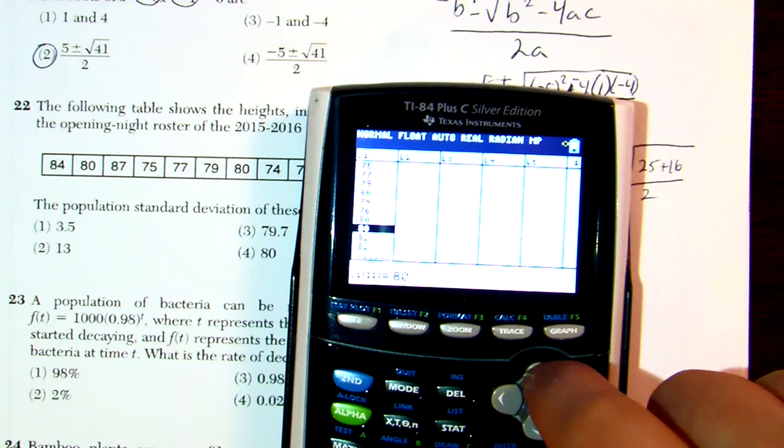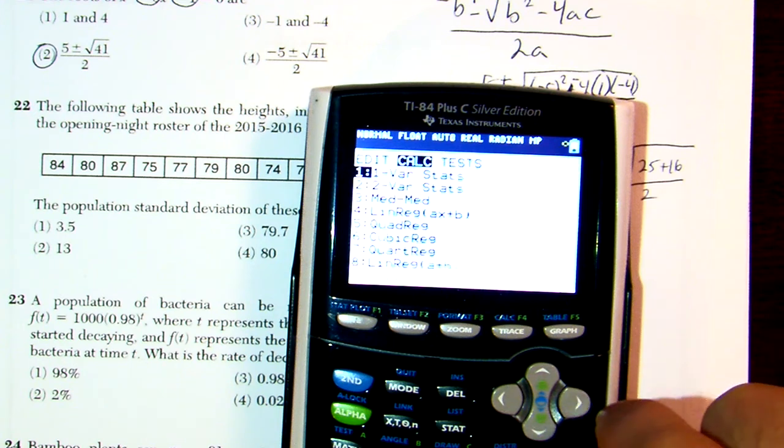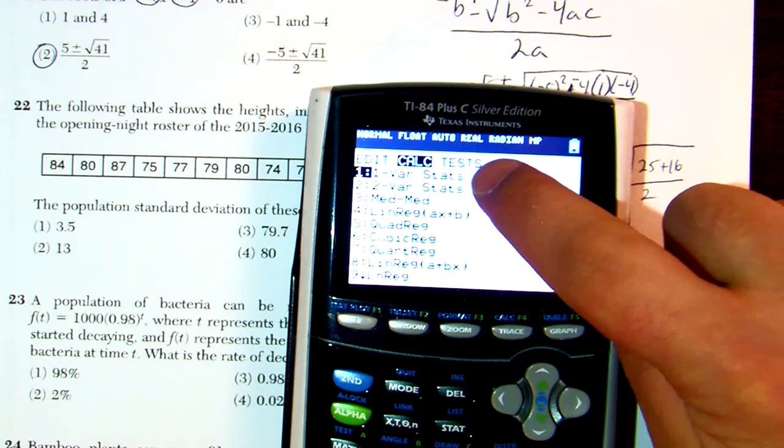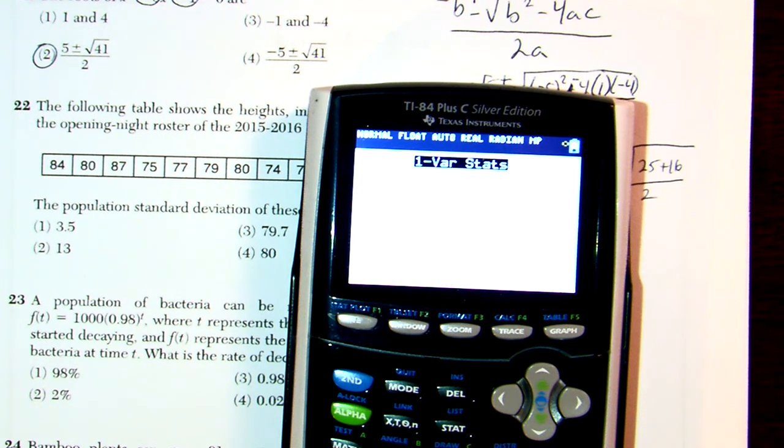Okay. After you're through entering those in, you're going to press stat, calculate, and it's a one variable statistics question because you only have one row. So you press enter. I'm going to make sure L1 is listed there. Go to calculate. And it gives you a lot of information.